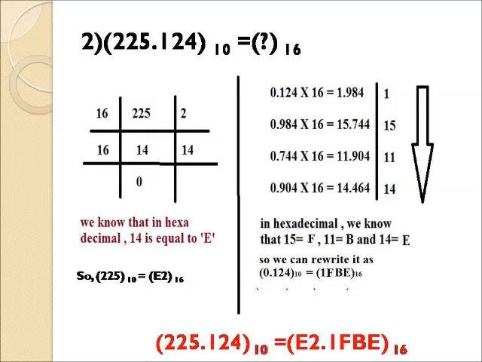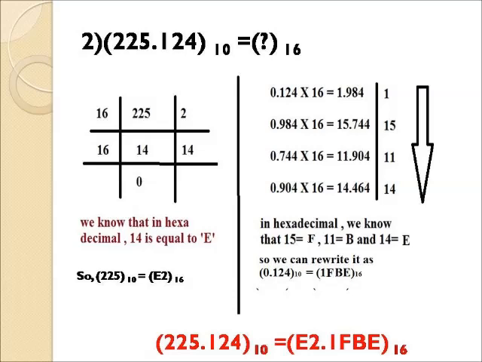Now look into the fractional part. 0.124 is the fractional part. 0.124 into 16 results in 1.984. If we remove the integral part, we know that it is 1, right?